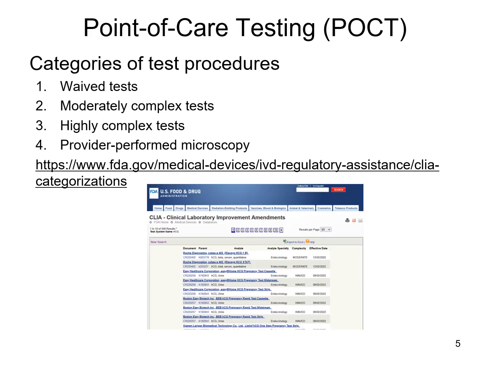Just like any test, point of care testing is also categorized based on some various factors that are regulated by the FDA. And so this site here would actually take you to the FDA site that shows the different criteria that go into categorizing these tests.